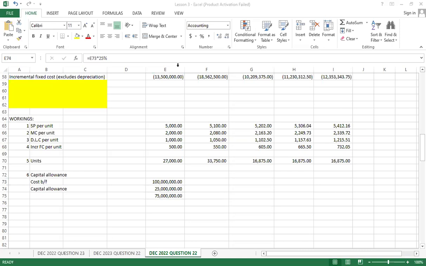When you take the cost of an asset, you minus capital allowance, what do you call that figure in taxation? Who is remembering what you call it?